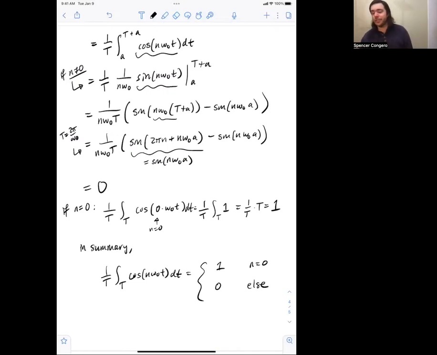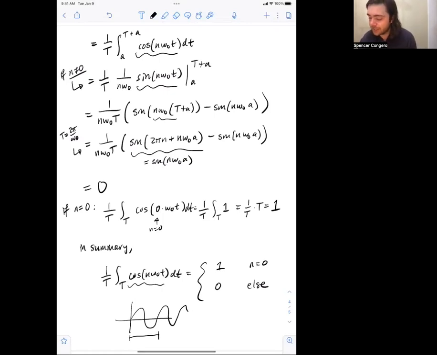So it turns out to be a pretty simple function. And by the way, what is this construction doing? It's integrating over a period, then dividing by the length of that period. It's saying what's the average value of this function over a period. So if n is not equal to 0, I have some cosine function oscillating at some frequency. What's the average value over a period?